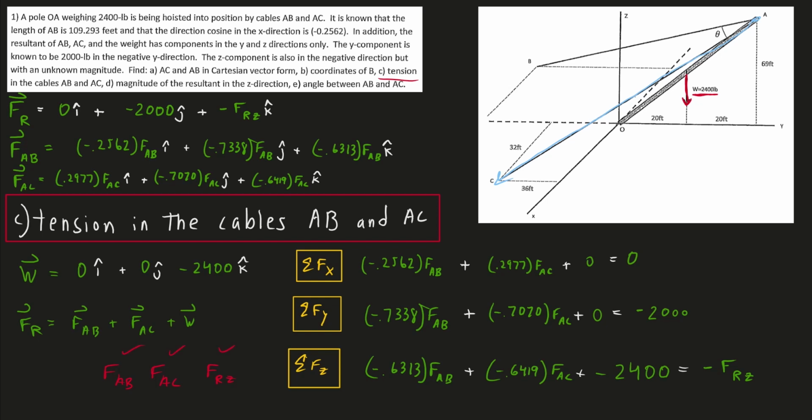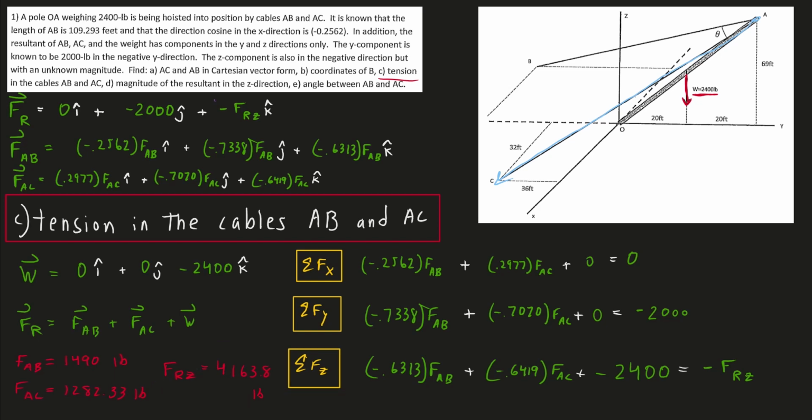That's great. So, I'll let you guys solve this however you want to. Me, I'll just put it in a matrix and I'll let the calculator do it. So if you solve that system of equations, you'll get these answers. And just remember again, this positive number here that we got for FRZ doesn't mean that the z component of the resultant is in the positive z direction.